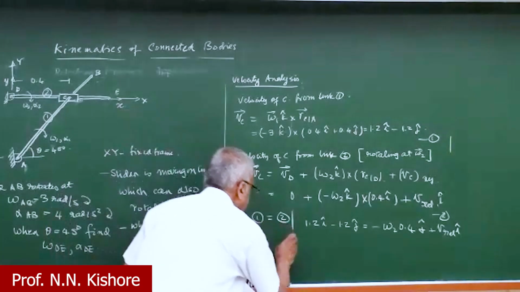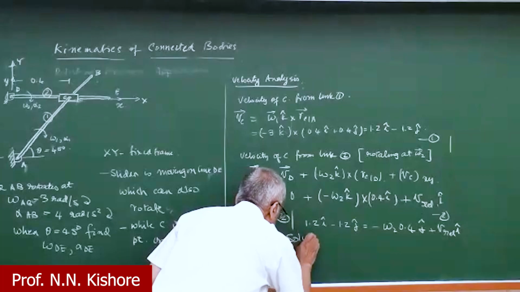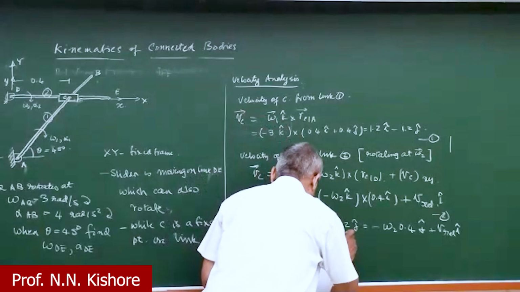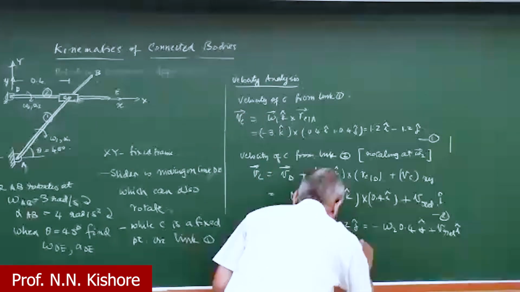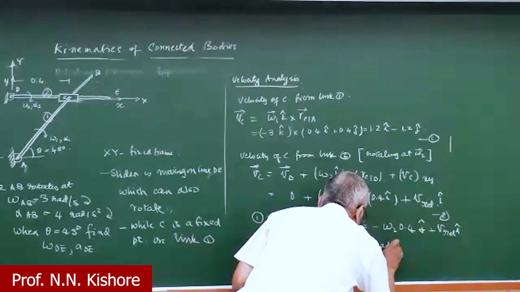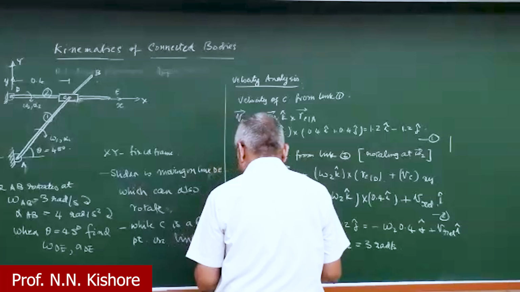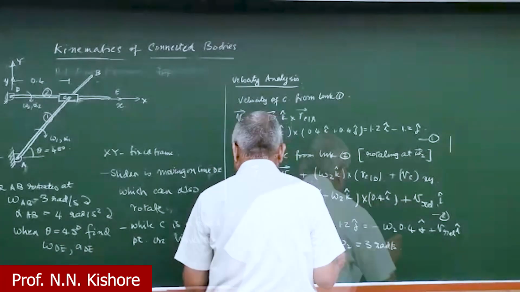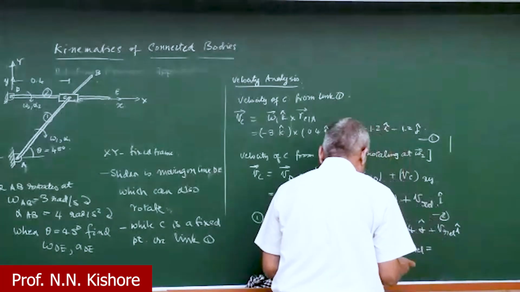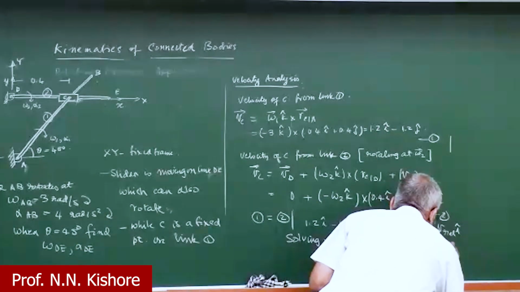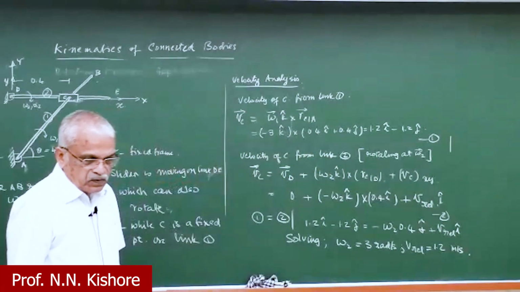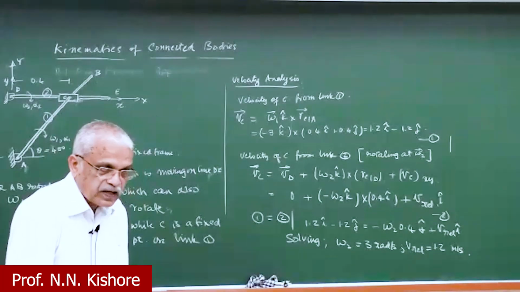So solving, I'll straight away put it, we get omega 2 is 3 and VREL is 1.2. So this is as far as the velocity analysis is concerned.